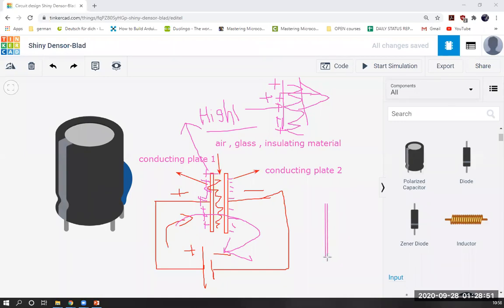It will conduct fast. When you give it a supply, it will just turn on because its air gap is very small. And if you have a very large air gap like this, then this one will take some time to turn on, but the other will turn on very easily.